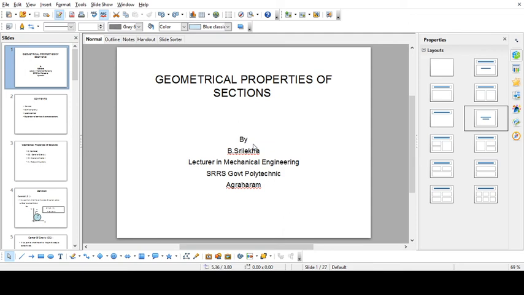This is how we are doing all the problems. In the next class, we'll discuss the further topics, that is the theorem of perpendicular axis and the theorem of parallel axis.